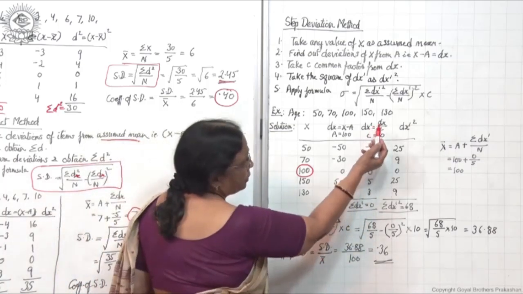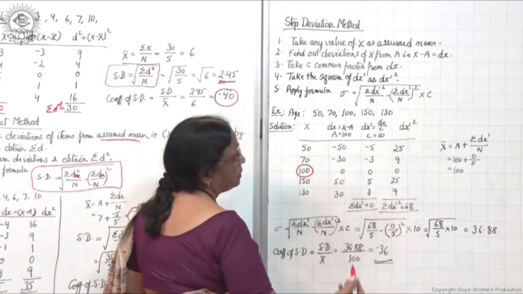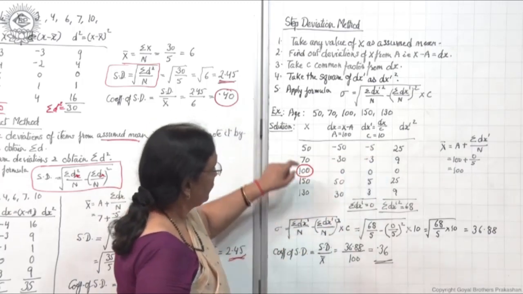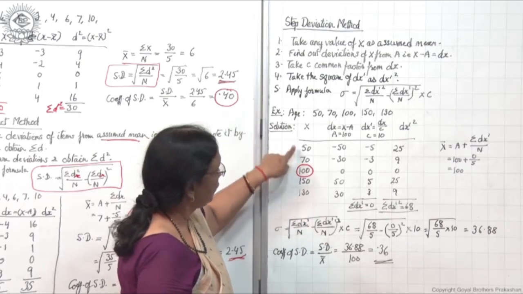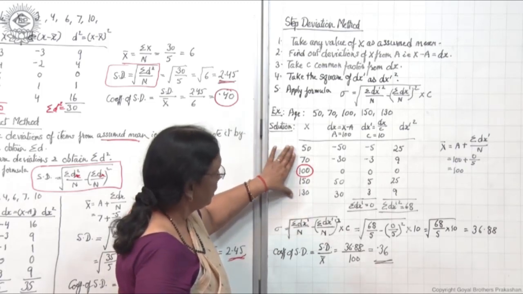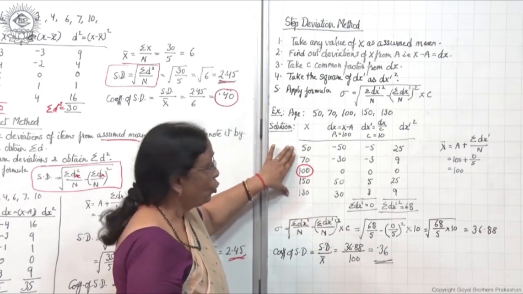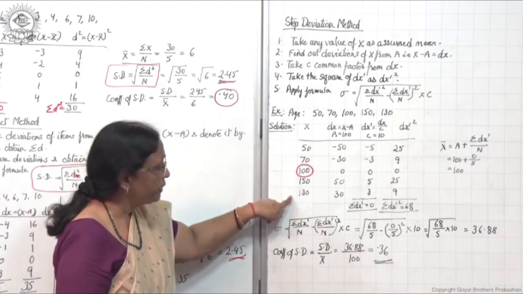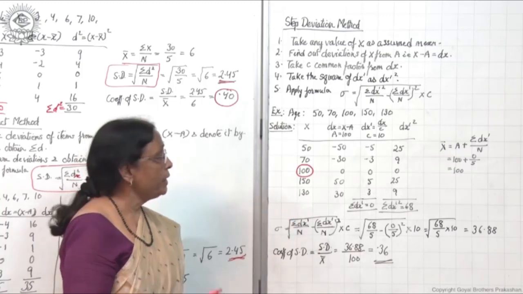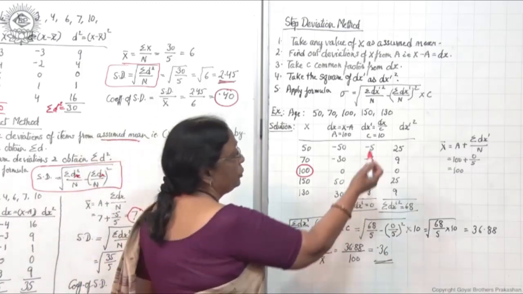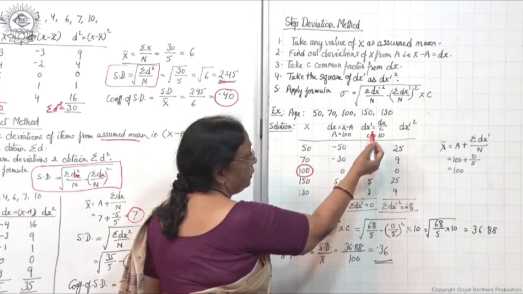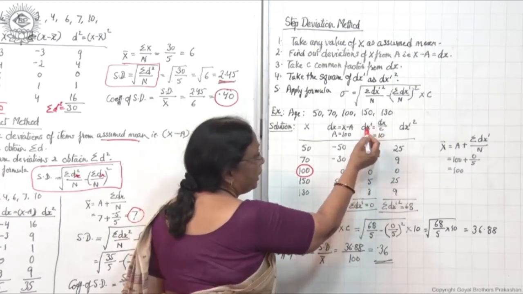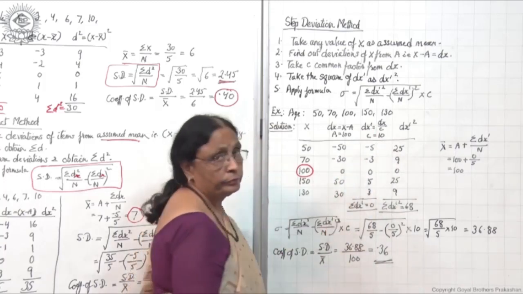Then dx dash is dx divided by c. C is the common factor. Here we have taken the common factor as 10. These are round figures, all divisible by 10: 50, 70, 100 can all be divided by 10. So dx divided by the common factor c, that is 10, becomes dx dash.